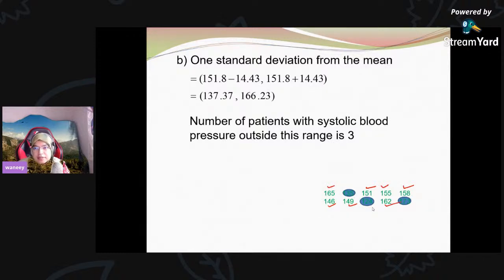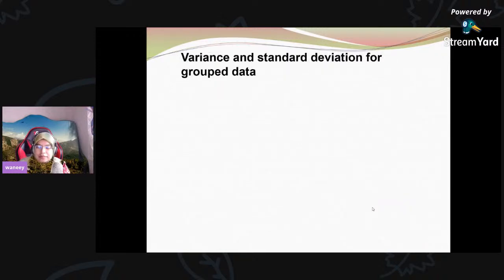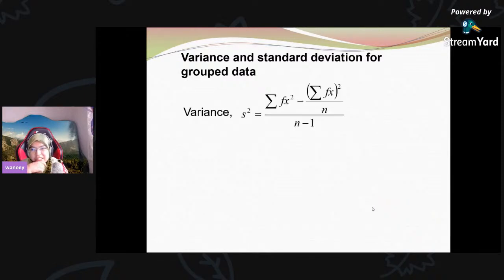Okay, next. Right, so this is the variance and standard deviation for grouped data. So this is the square root of summation of fx square minus summation of fx, squared, over n, all over n minus 1. It simply means you have to calculate f times x first before you add everything together.